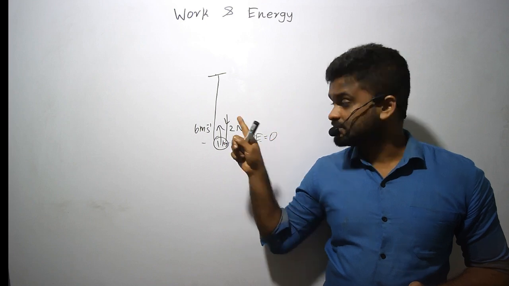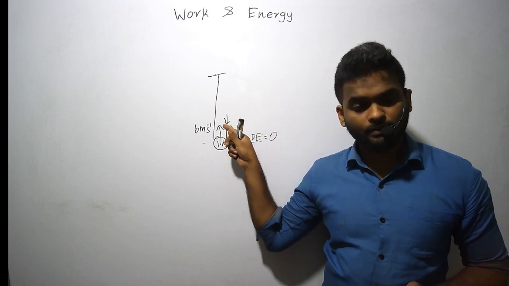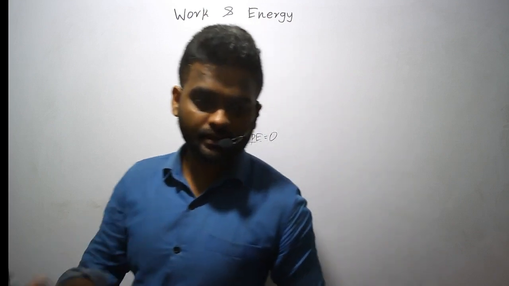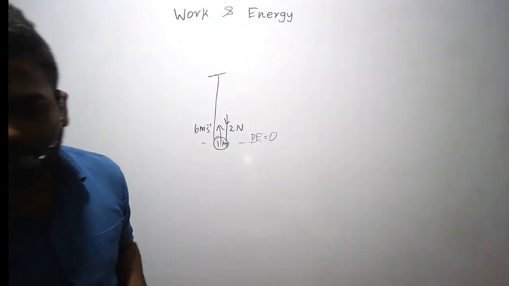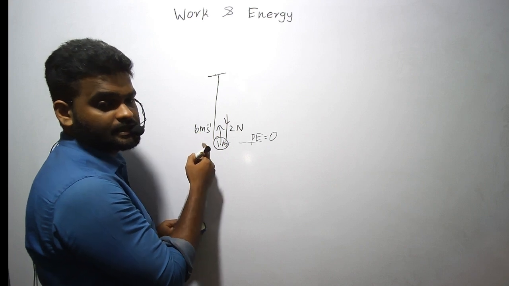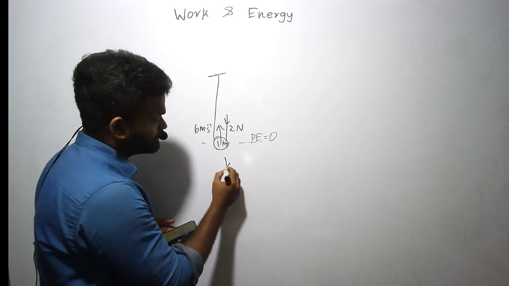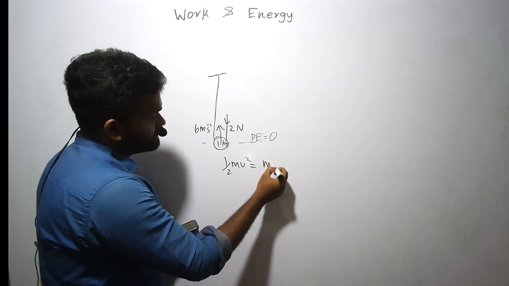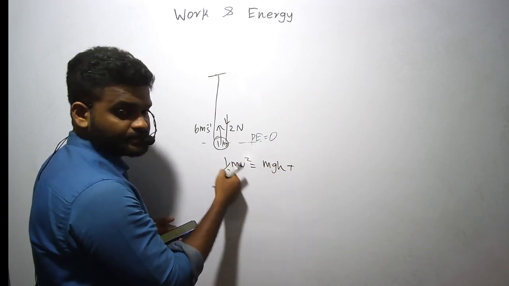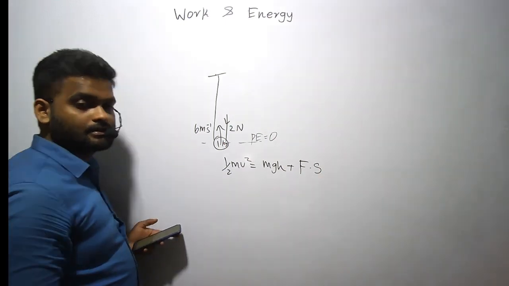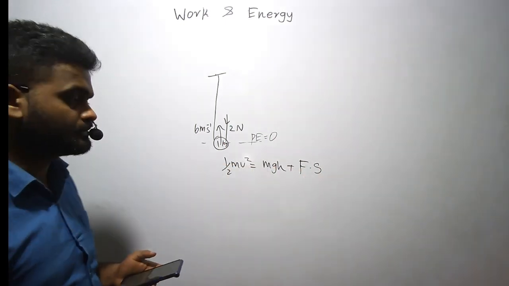Another thing is, this resistive force also opposes the motion. So this kinetic energy is used, part of that as potential energy and the other part as Fs, work done by the resistive force.